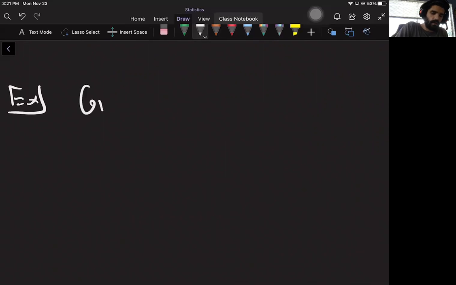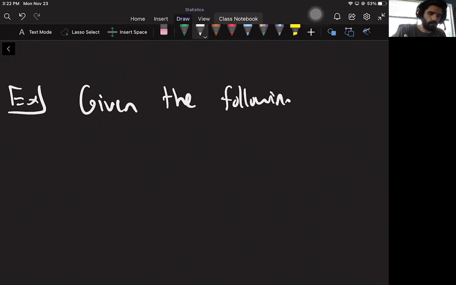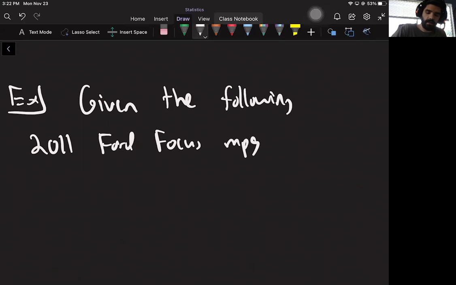So here's the idea. You need a sample, and then you need a sample mean. Here's some data: 2011 Ford Focus miles per gallon samples.